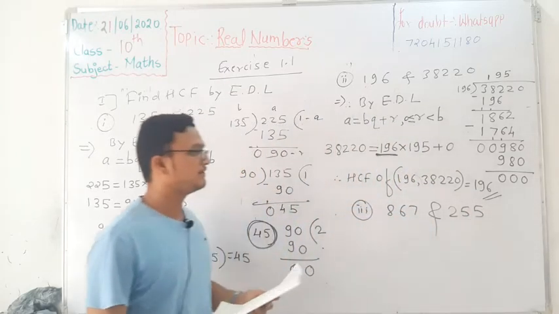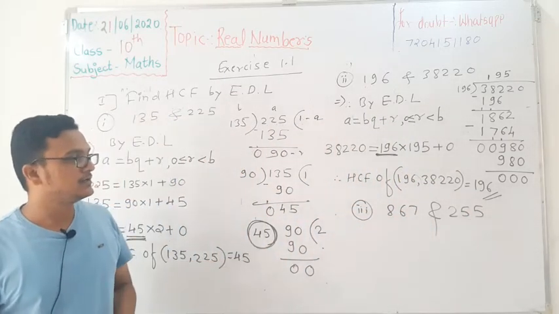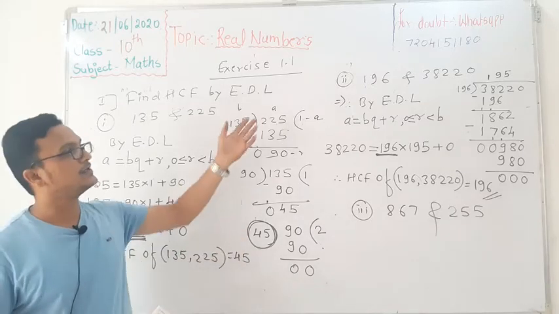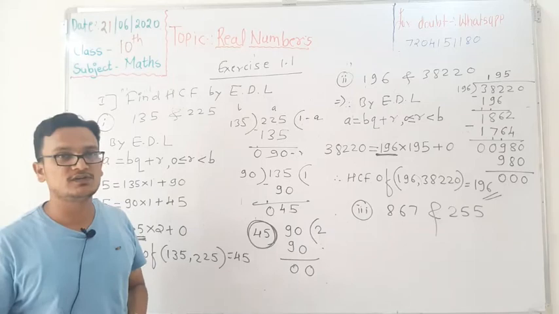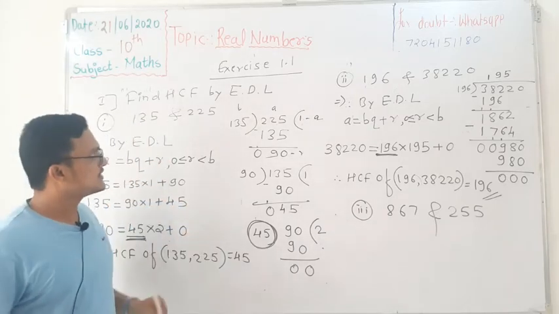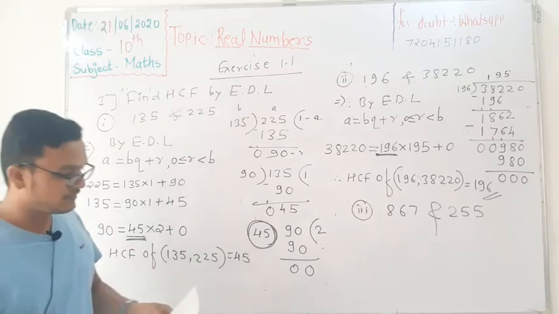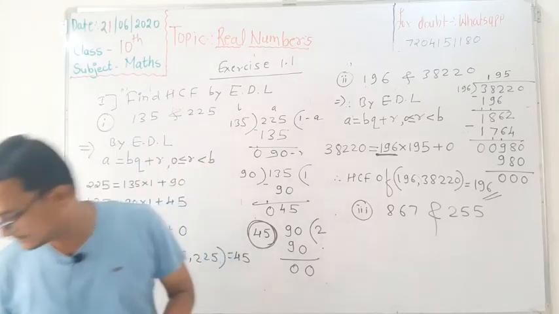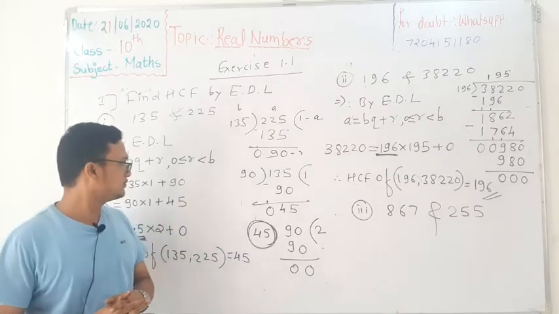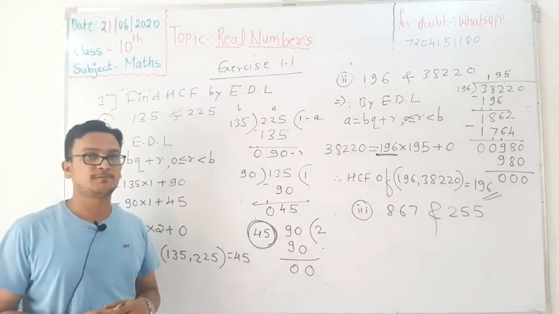So you have to find out the HCF of 867 and 255 by the same method, that is Euclid division lemma. Now next, so this is the first question in the exercise. Now we will have the second question. So before that, you just note it down, these two problems.